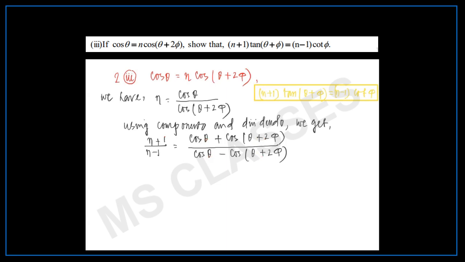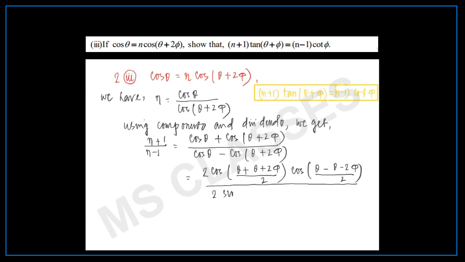So what we get? 2 cos of C plus D by 2 into cos of C minus D by 2, divided by minus 2 sine, because cos C minus cos D, what is the formula?